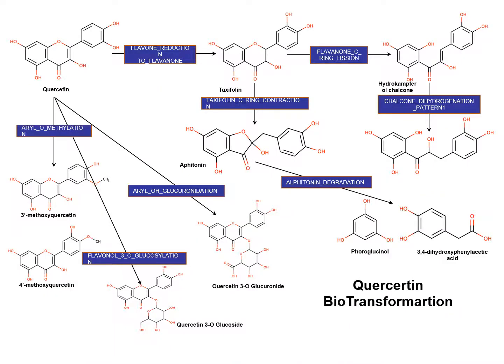This is just an example of where we're taking a compound, quercetin, which is found in things like onions and apples, and running it through Biotransformer. And you can see on the order of about 10 different compounds that are predicted through this biotransformation process. And in fact, many of these compounds were found or are known.